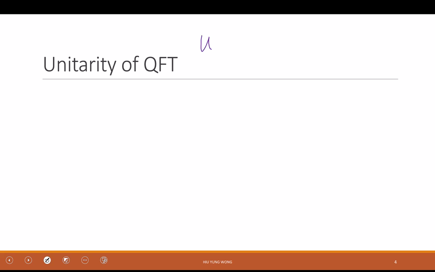What is the definition of a unitary matrix? In general, U dagger times U equals 1, right? That is the definition. But in order to prove it, we use another definition, which is equivalent. We proved it earlier already. If not, watch that video again on how to prove a matrix is unitary.